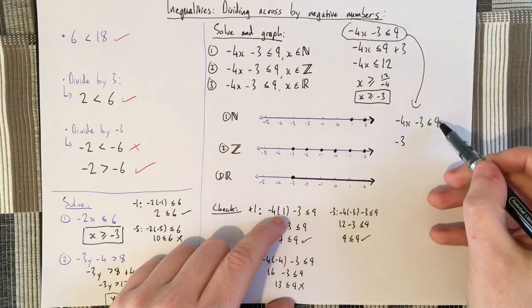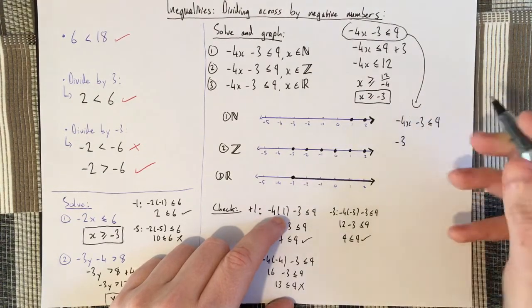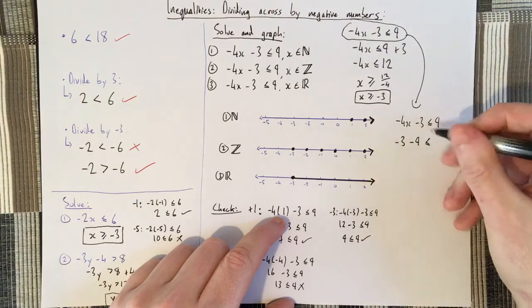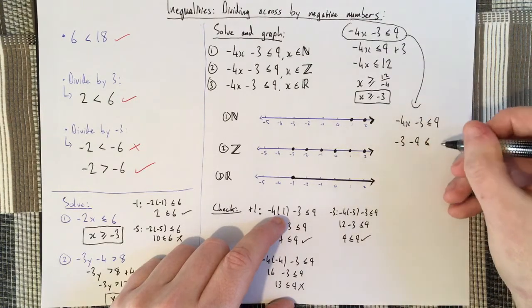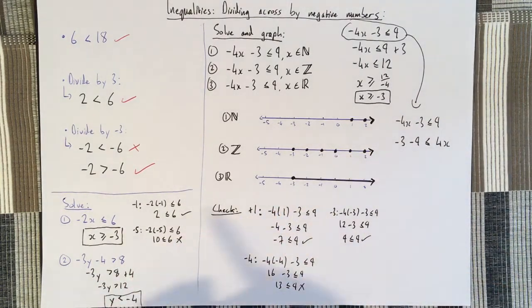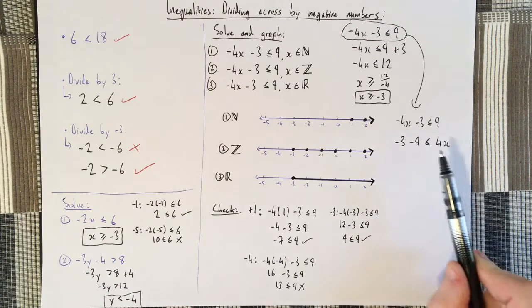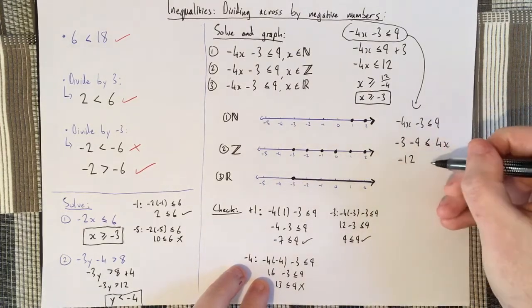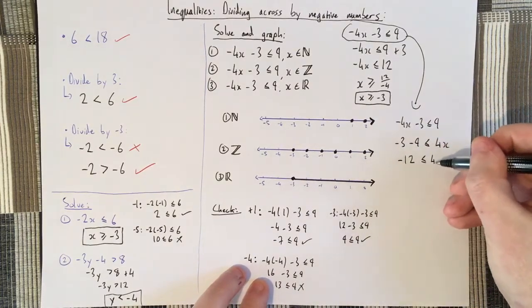I'm moving the 9 over, so it becomes -9 is less than or equal to, and if you bring -4x over, it becomes +4x. You're just moving a negative number over to become a positive number. That doesn't mean you need to flip the inequality. It's when you divide across that you need to flip it. -3 minus 9 is -12 is less than or equal to 4x.